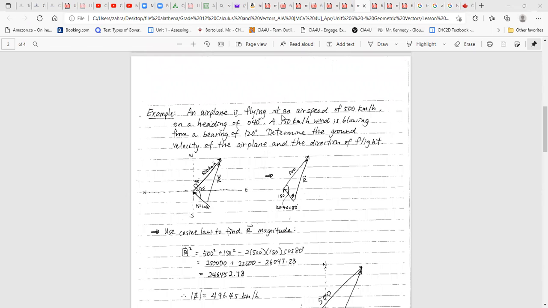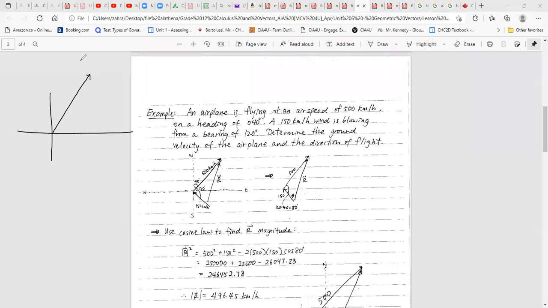An airplane is flying at an airspeed of 500 km per hour on a heading of 40 degrees. A heading is just a bearing. From north, you're going 40 degrees clockwise.